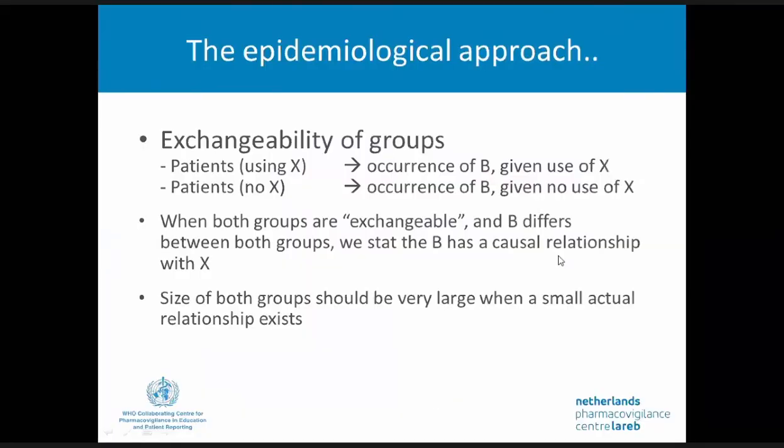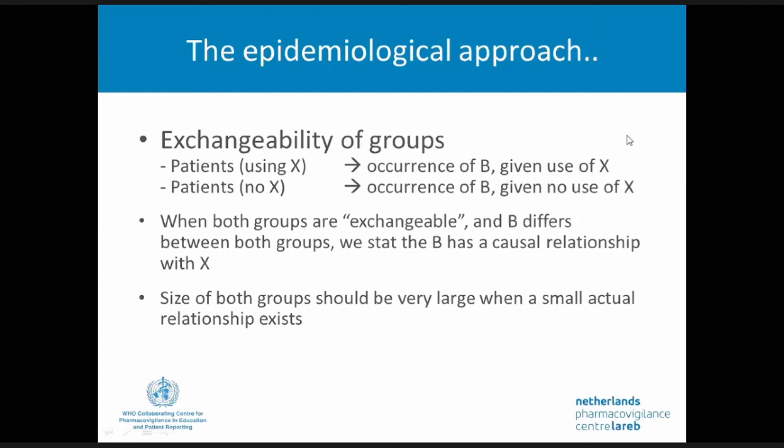So the epidemiological approach in determining safety or adverse drug reactions: you can have patients that use a drug X, and then there can be occurrence of B given the use of X. This is an epidemiological approach.